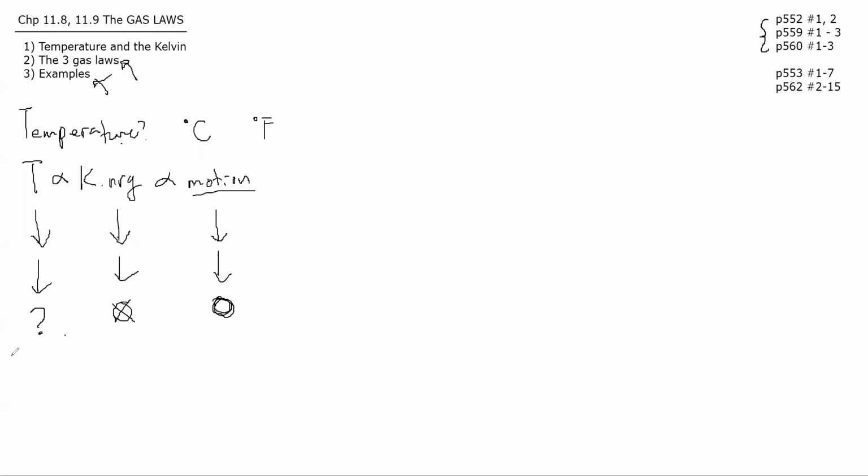Well, through experimentation, we found out it was negative 273 degrees Celsius. So this is the temperature for absolute zero motion. What's the temperature for absolute zero? It's negative 273 degrees Celsius. But that's such an awkward number, and it was very weird to use on, let's say, a graph.